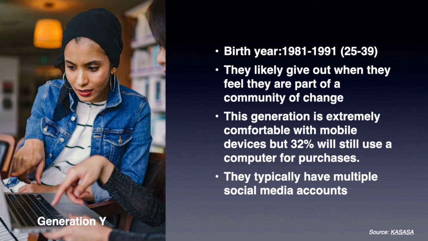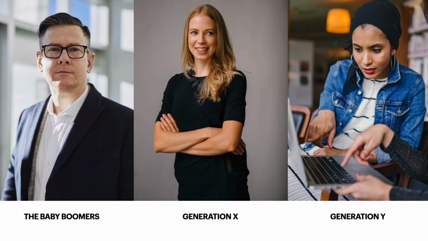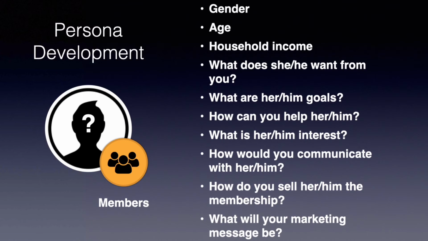This generation is extremely comfortable with using mobile devices, but 32% will still use a computer for purchasing, something like a donation or purchasing a membership. They typically have multiple social media accounts, not just Facebook. They have Twitter and probably Instagram and so forth. So those three types of generations you have to think about.